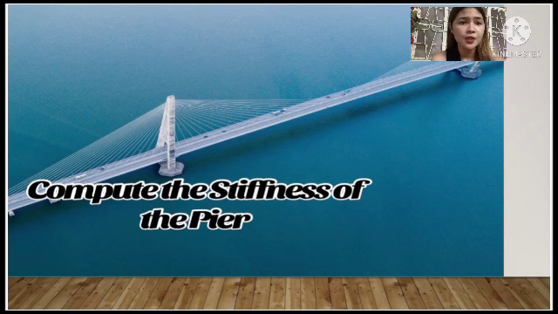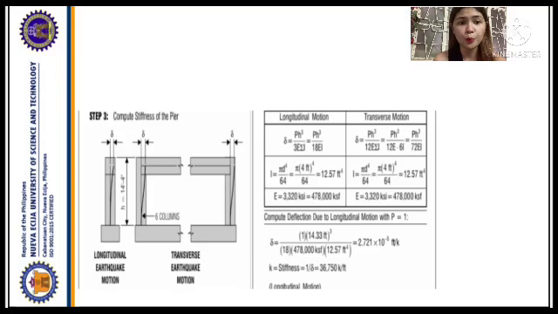So number 3, compute stiffness of the pier. In a process similar to that performed for the abutment in design example 4.1, step 6, we will compute the stiffness of the pier. This stiffness will be computed for the pier subjected to earthquake motion in both the longitudinal and transverse directions.